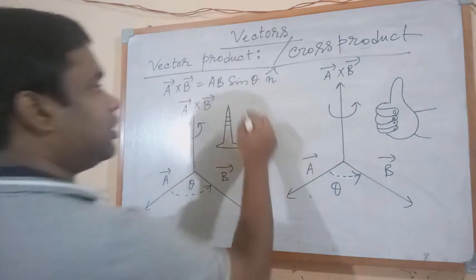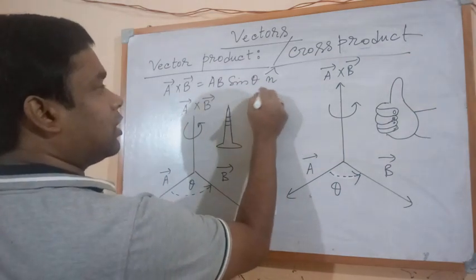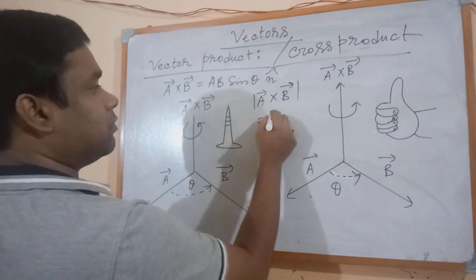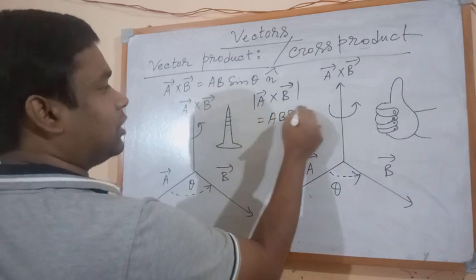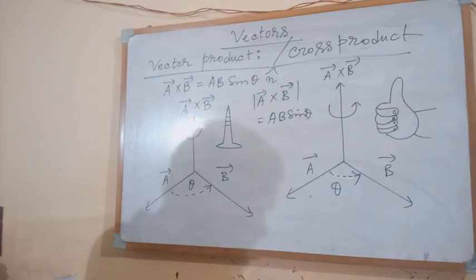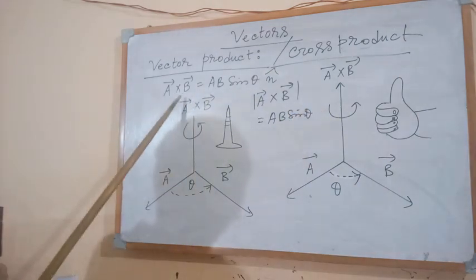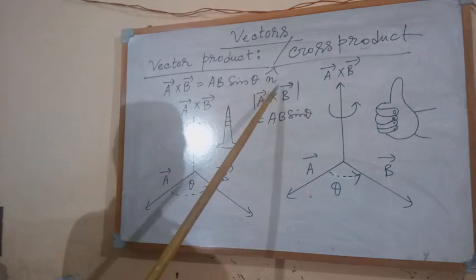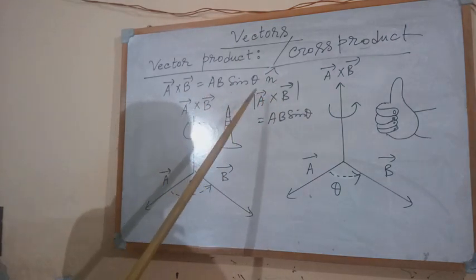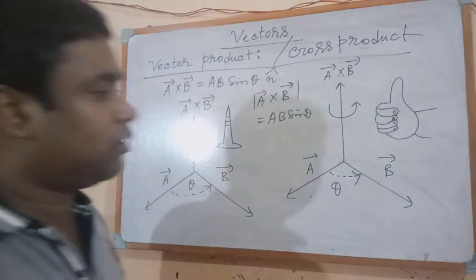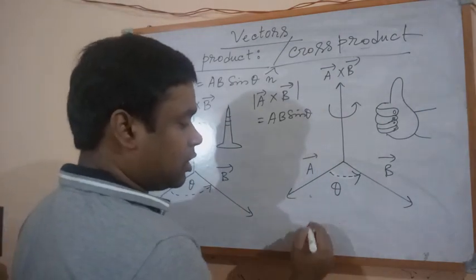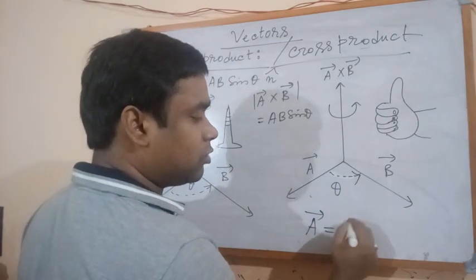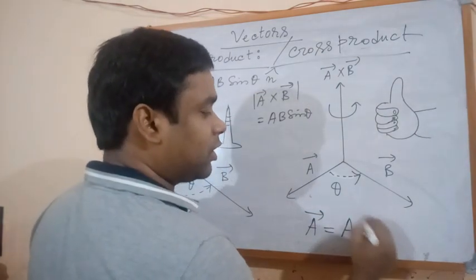That is, if we take the mod of A vector cross B vector, then we can write the mod of A vector cross B vector is AB sin theta. Since we have taken the vector A cross B, we have to take n cap, the unit vector, with the AB sin theta. As we know, A vector is written in terms of its magnitude A with its unit vector A cap.